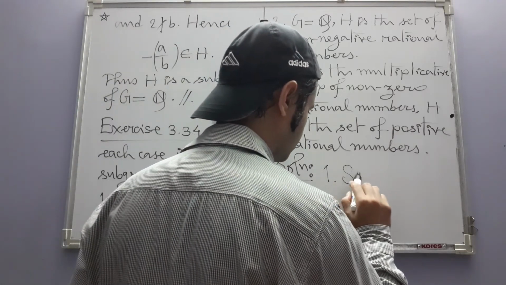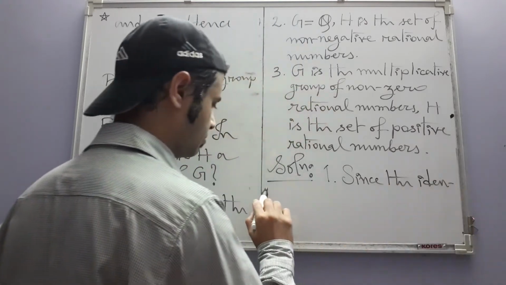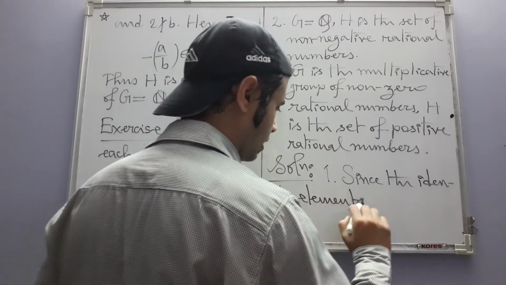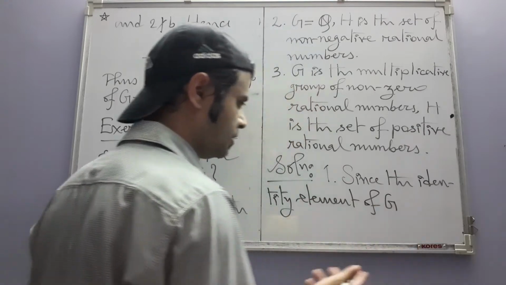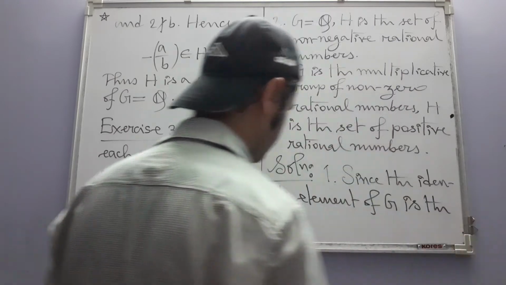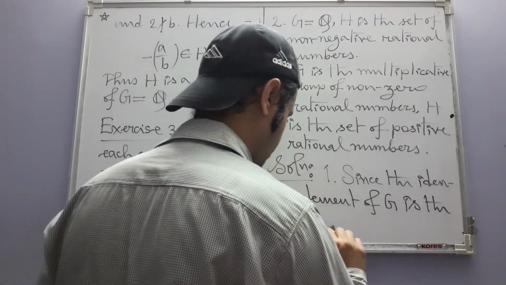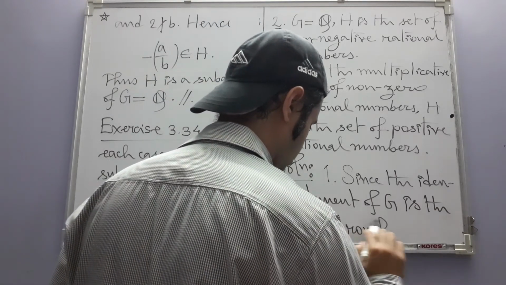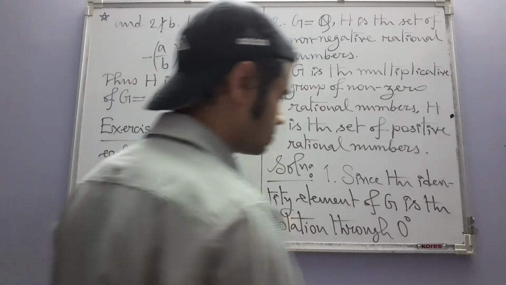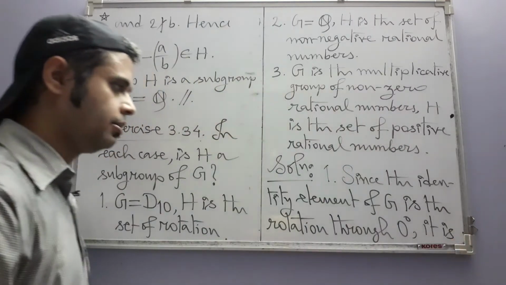Since the identity element of G is the rotation through an angle 0 degree. It is a rotation nonetheless. So that is why it is in H.